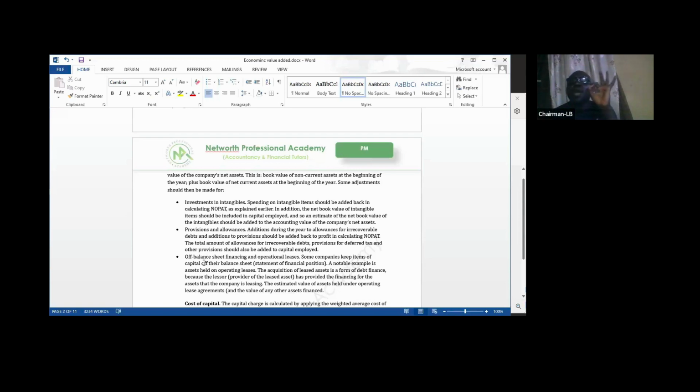You now monitor your adjustments. Like we itemized, your accounting depreciation is a non-cash flow, add it back. Your provisions, you are going to watch the provisions. Is the provision increasing?